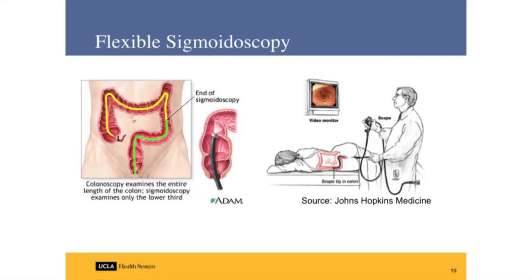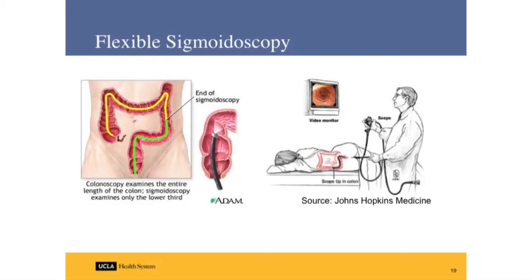Flexible sigmoidoscopy is another mode of screening. If one uses this test, the recommendation is that it's done every 3 to 5 years. This is a picture of the colon, and when you're doing a flexible sigmoidoscopy, the scope only goes up to about here, so the left side of the colon, or about 2 feet into the colon.